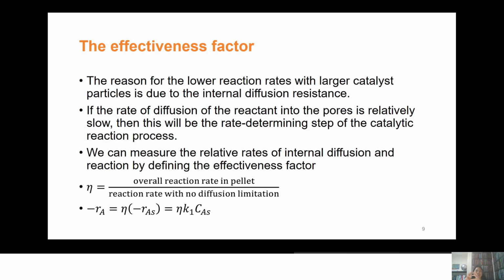If you use a larger particle, there is a longer distance for the reactants to diffuse inside to reach all of the active sites. In some cases, you may not have enough supply of reactants to the sites because your surface reaction is faster than internal diffusion.